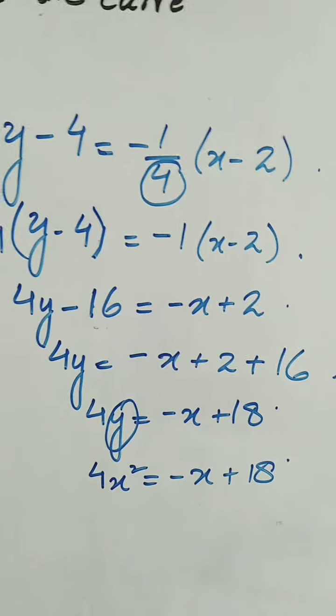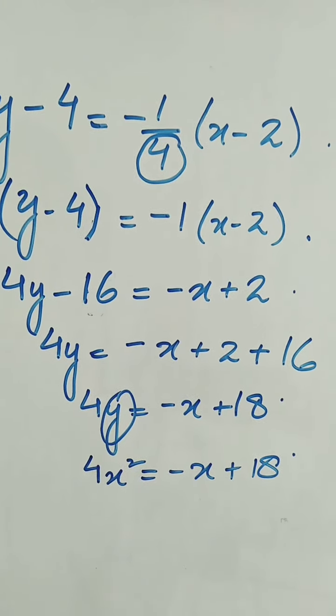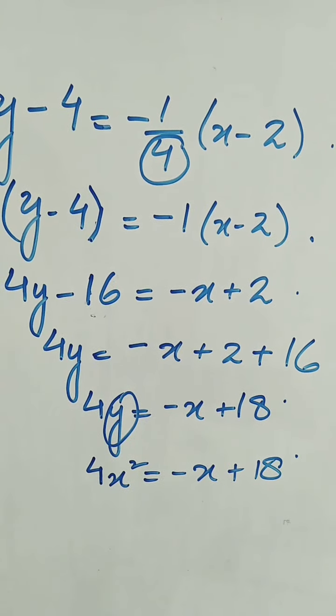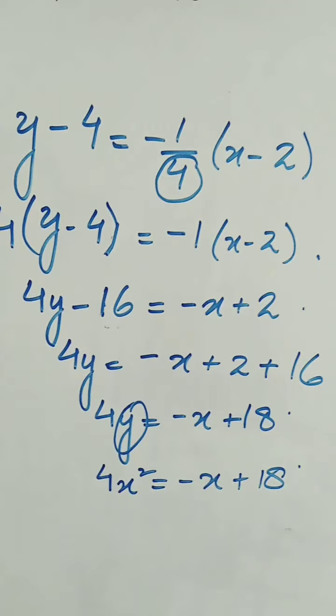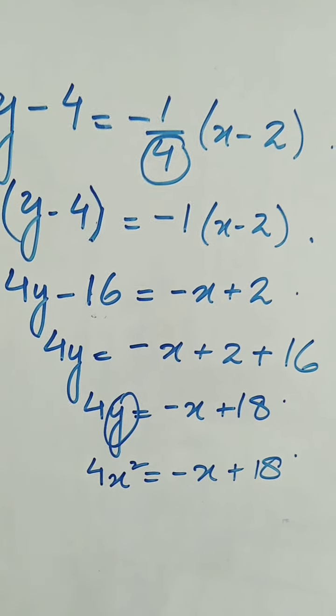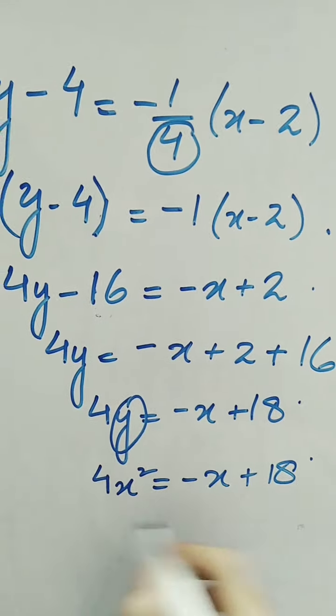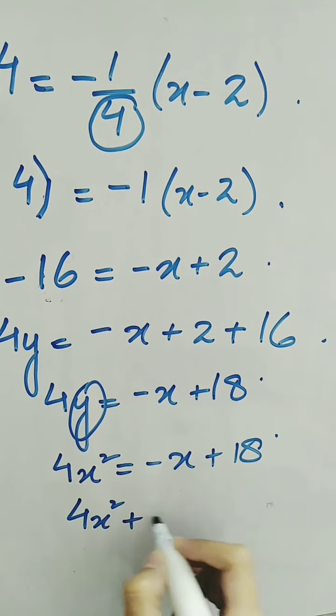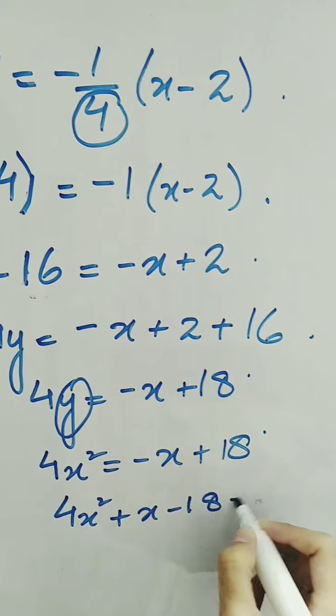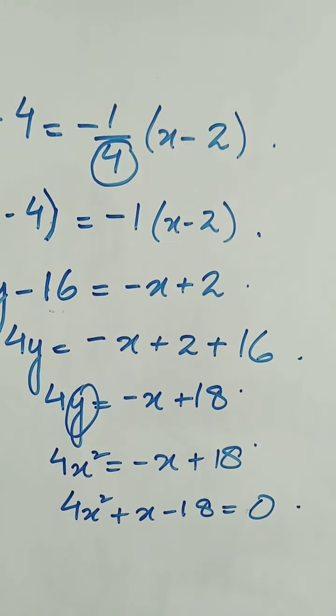In order to find out the value, we have to put the value of y, so that we can first find out the value of x, and then with the help of the value of x we can find out the value of y. Now our equation becomes 4x square plus x minus 18 is equal to 0.